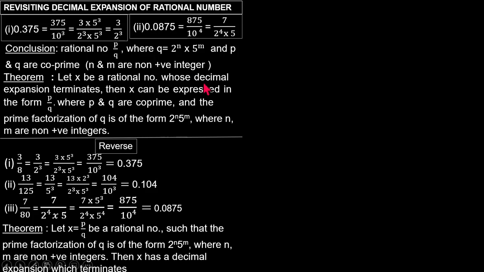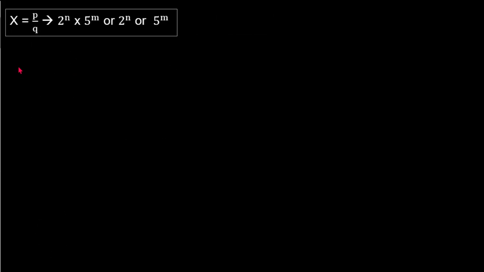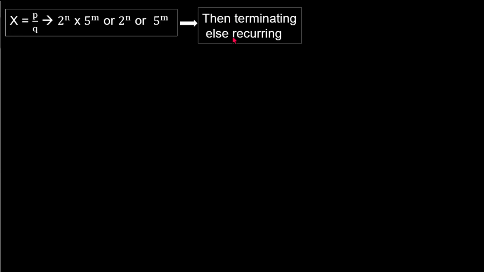So in a nutshell, what we get is: if x equal to p by q, and this q is in the form of 2 raised to power something into 5 raised to power something, or maybe 2 raised to power n if m is 0, or 5 raised to power m if n is 0, so 2 raised to power 0 becomes 1. So this is the crux. Then we say that it's terminating.